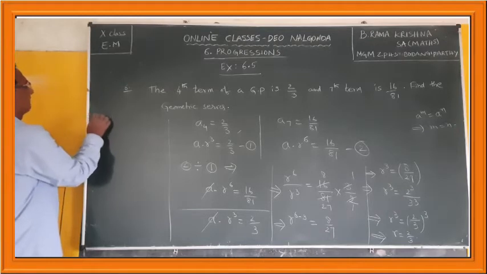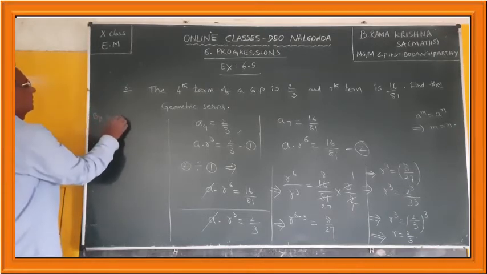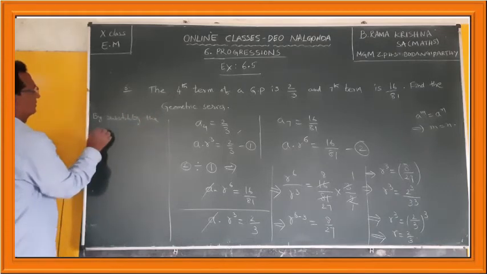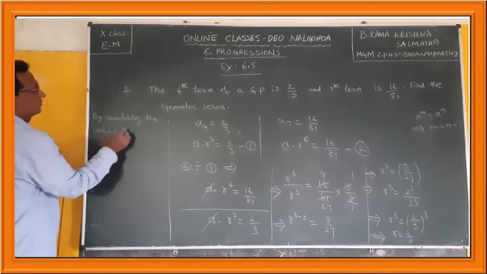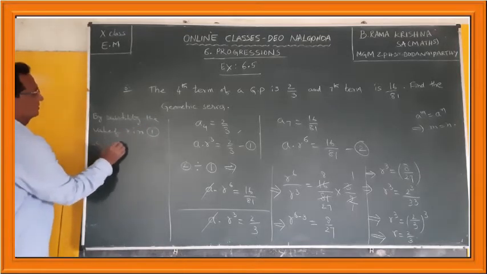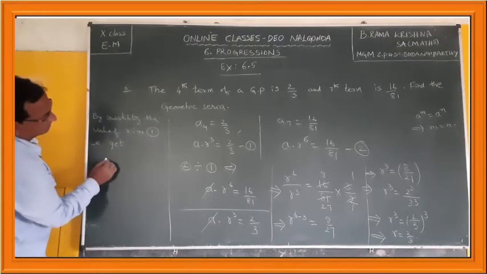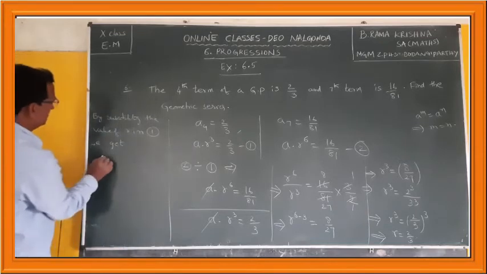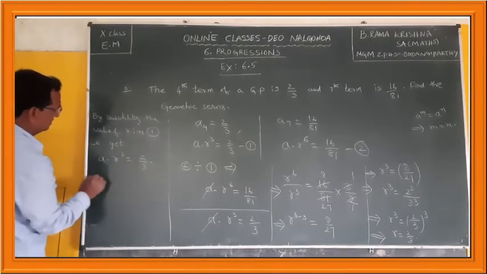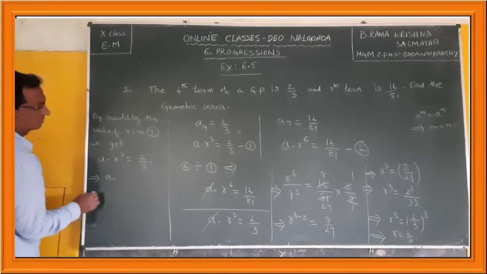Substituting the value of R in the first equation, what do we get? What is the first equation? A into R cube is equal to 2 by 3, which implies A into, what is R?